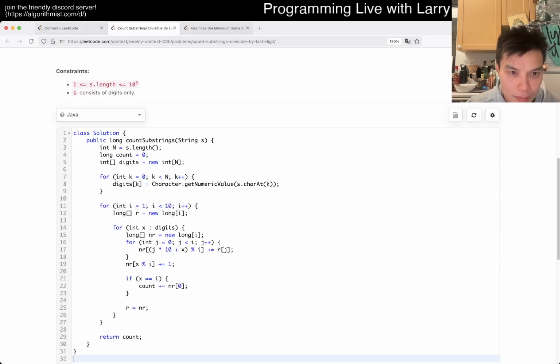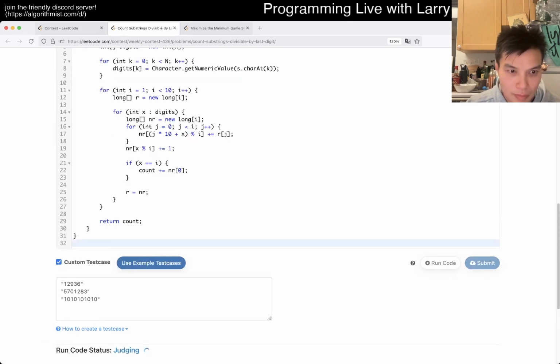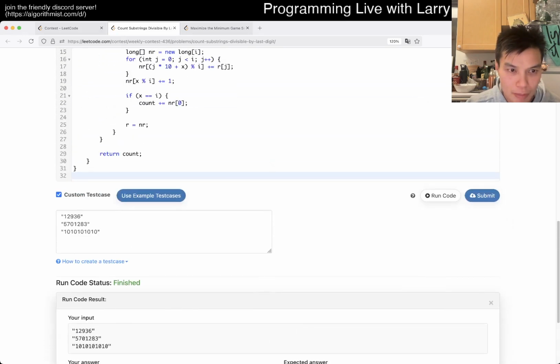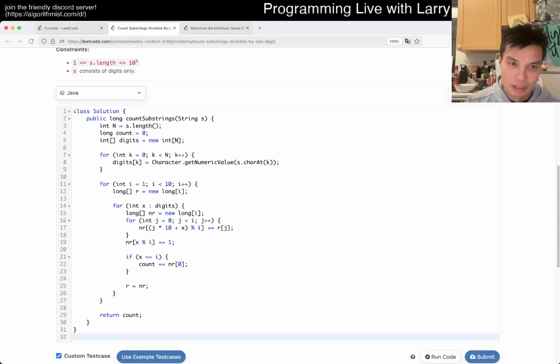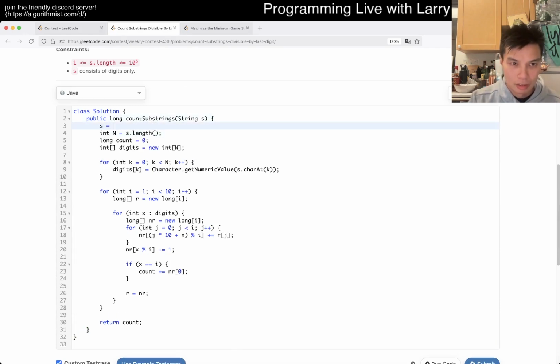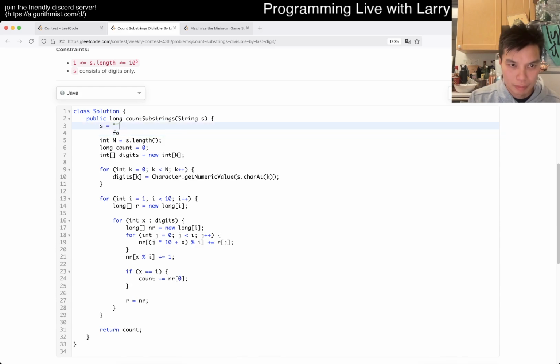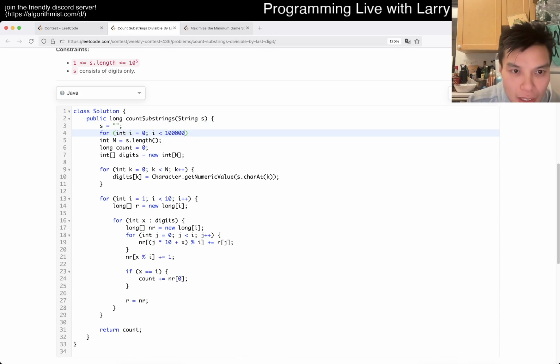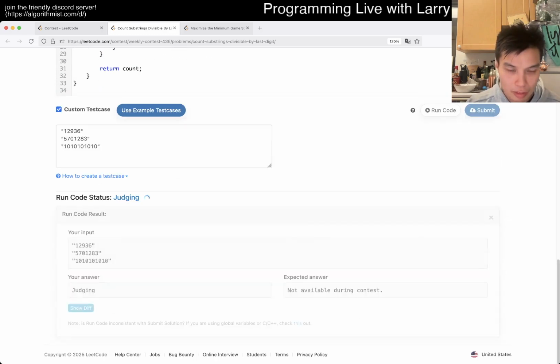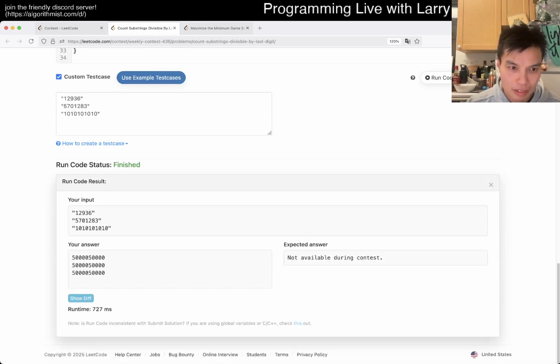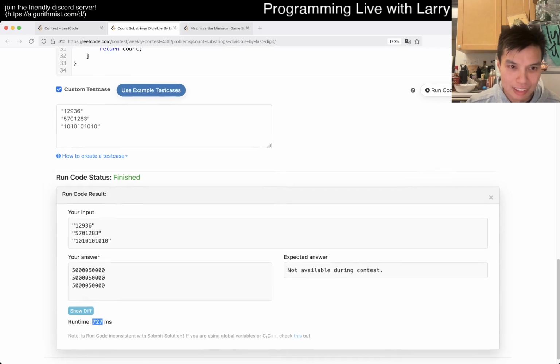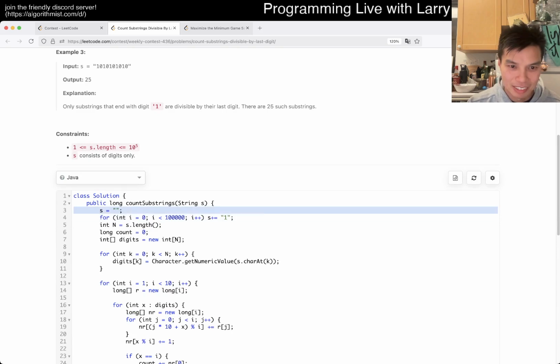Okay. Paying the Python tax right now. Yeah, I don't know. It's still kind of slow, honestly. I don't know how much of it is just this thing.